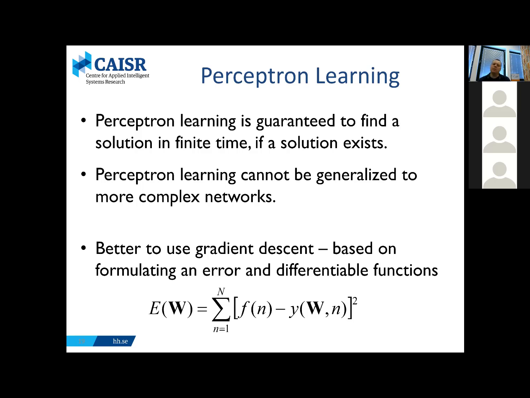The problem is this kind of learning is too simplistic to really generalize to more complicated networks. If you just look at a single example at a time, and you only modify the weights based on whether this classification was correct or not, it really doesn't work when you have bigger networks.